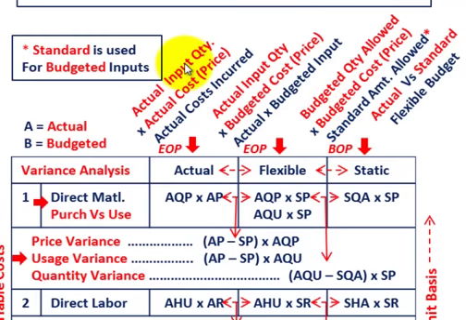At the end of the period, now you can determine your actual cost incurred for the direct material that we purchased. That's taking your actual input quantity times the actual cost or price. Those are the actual amounts. Now, for the flexible budget, or for our variance analysis, we have to determine our flexible amount.